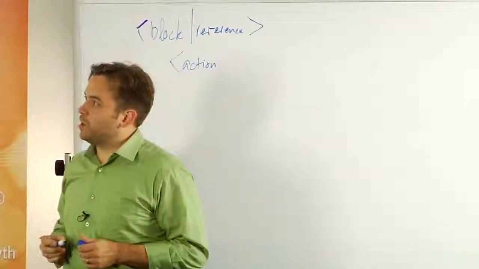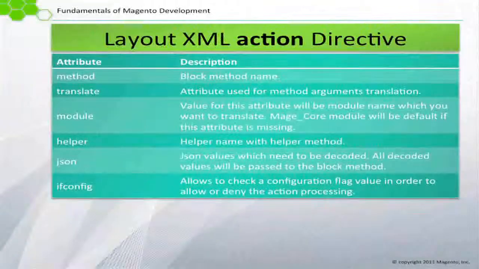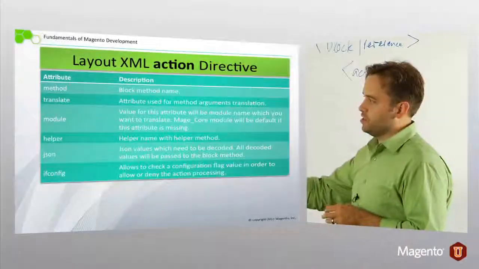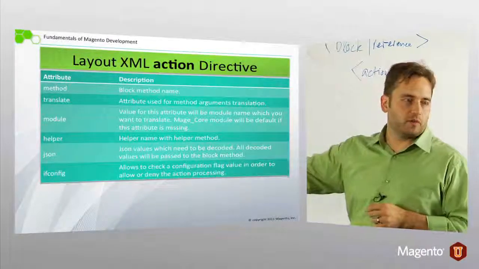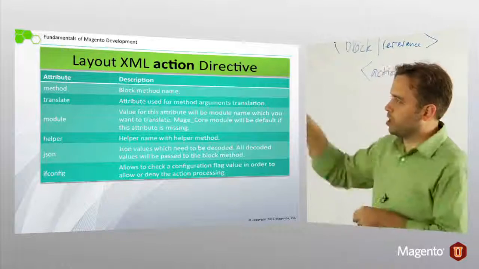And action nodes do lots of things. So helper and JSON, these actually are node arguments. JSON's not used anywhere in the core, but I'll talk about the other ones here.